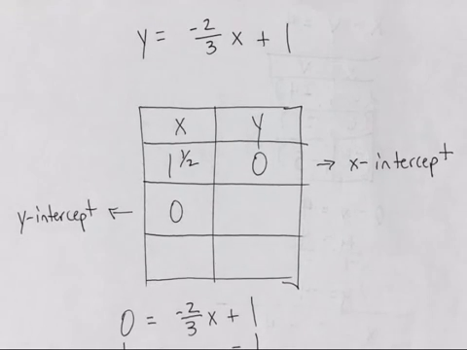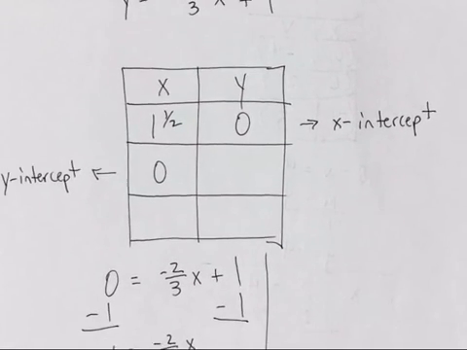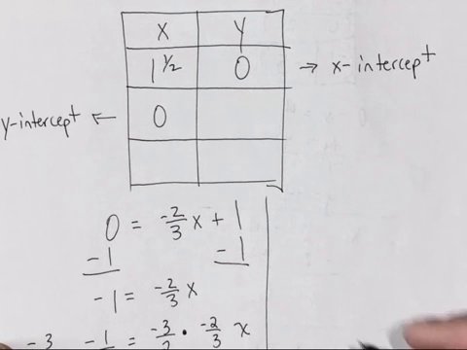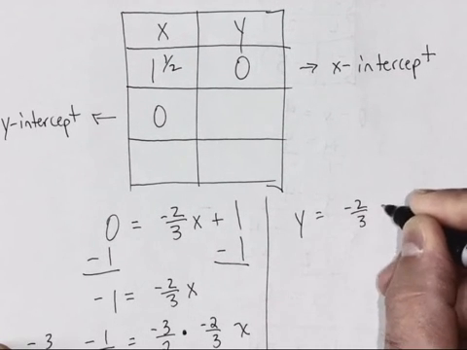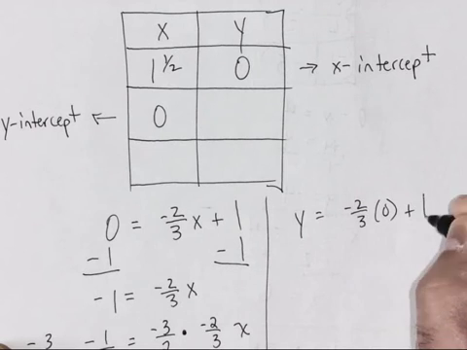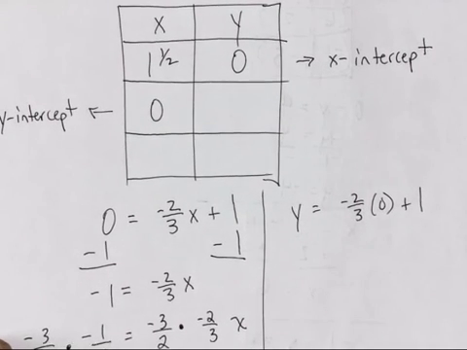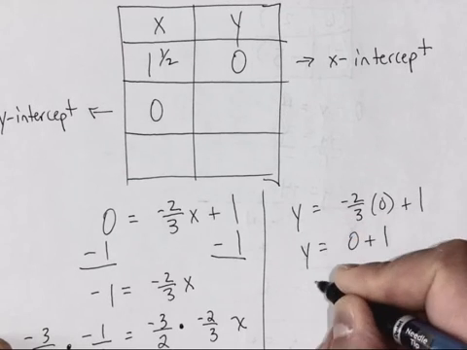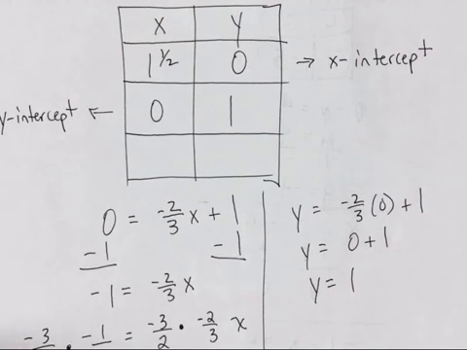Finding the y-intercept, we're going to plug 0 in for x. So y equals negative 2/3 times 0 plus 1. And this one's going to work out much nicer because negative 2/3 times 0 is obviously 0. And 0 plus 1 is equal to 1. So that works out really nice.